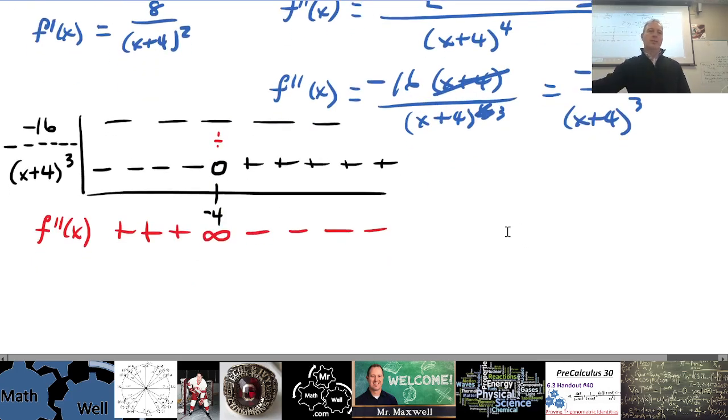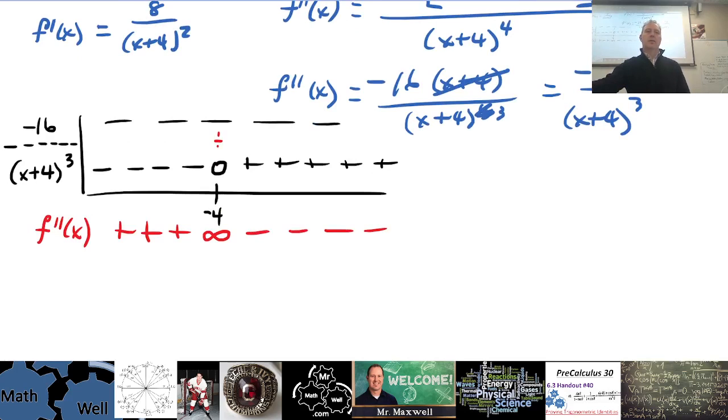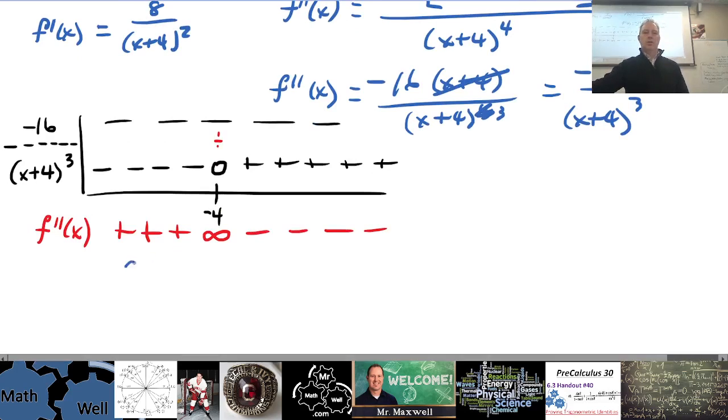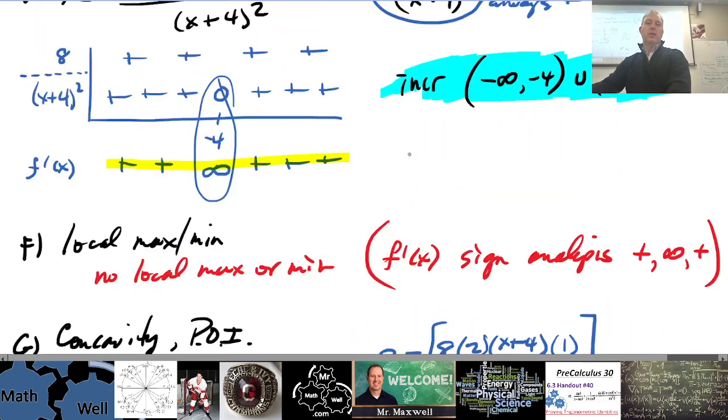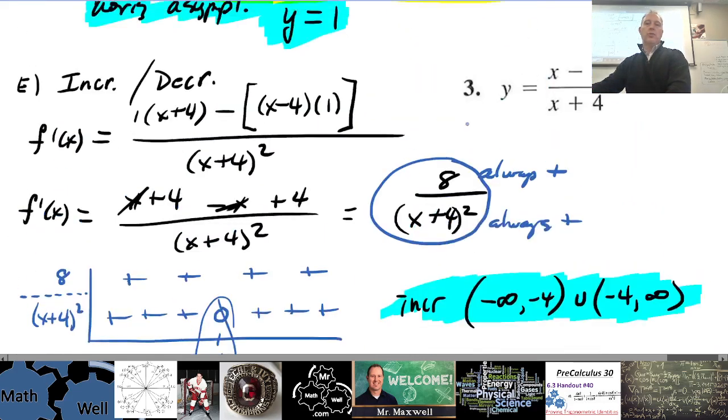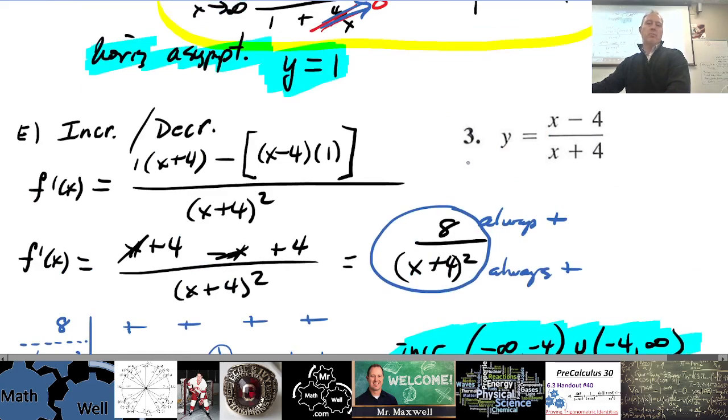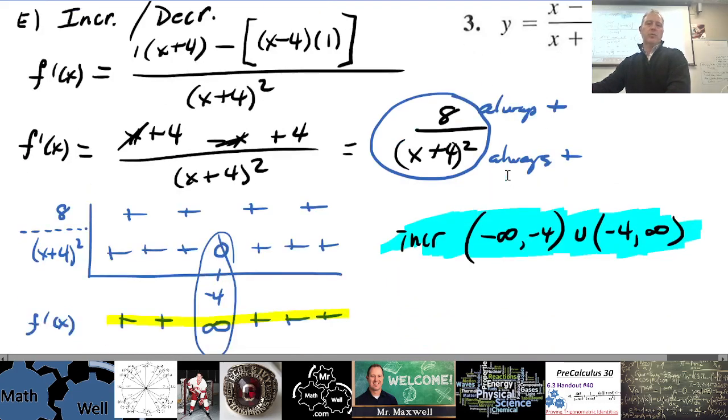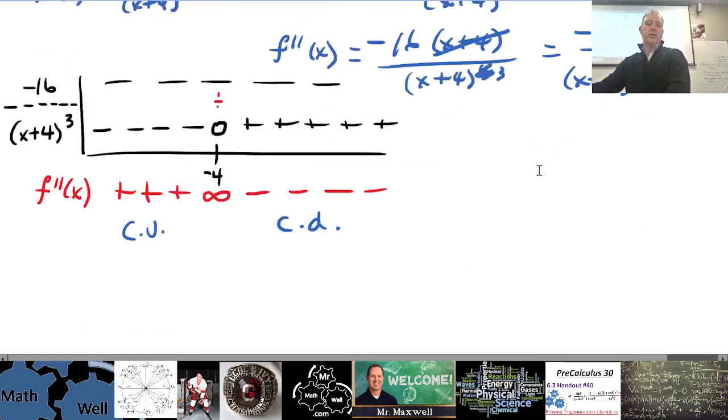Well, it means the concavity, so this is concave up, this is concave down here. That's the concavity. And where it changes concavity, that's not a point, it's undefined. And of course, -4 has been a problem the whole question, right? So even in the original, right here, -4 is a problem. So there's no point there. It's an asymptote. So there is no point of inflection.